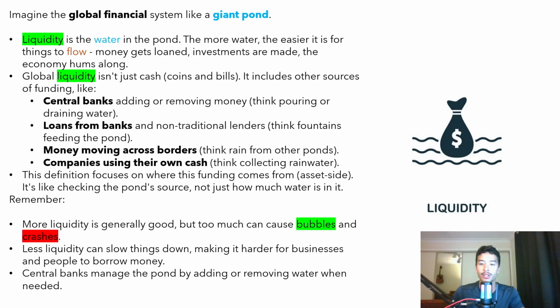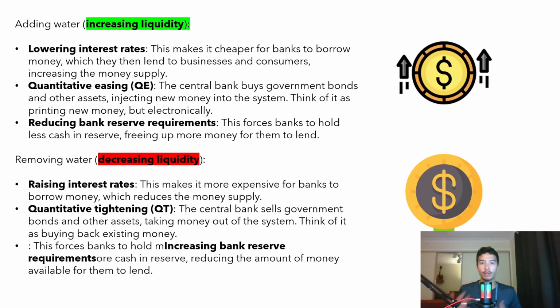So central banks manage the pond by adding or removing water when needed. They do this in very common ways, and I'll quickly run through that. So ways of increasing liquidity are lowering interest rates. This makes it easy for people to borrow. Therefore, more money is in the market when people start borrowing more money. You've got quantitative easing.